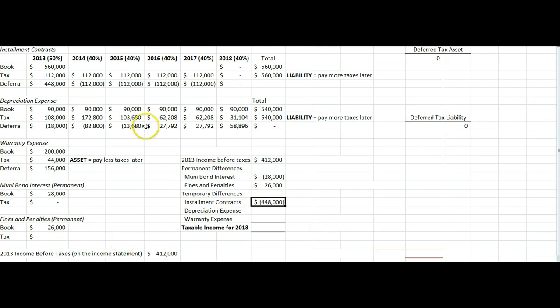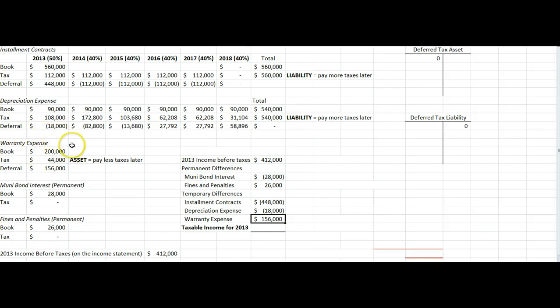We have two timing differences. We've got $448,000 worth of revenue in the form of gross profit that we're going to recognize in the later years, not this year. We've got depreciation expense of $18,000, the difference between what we booked on our books and what we booked on our tax return. And we've got this warranty expense, which is our deferred tax asset of $156,000.